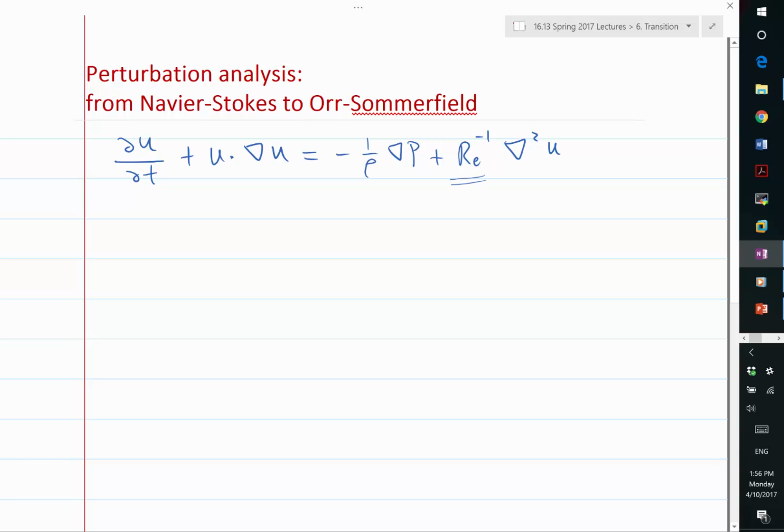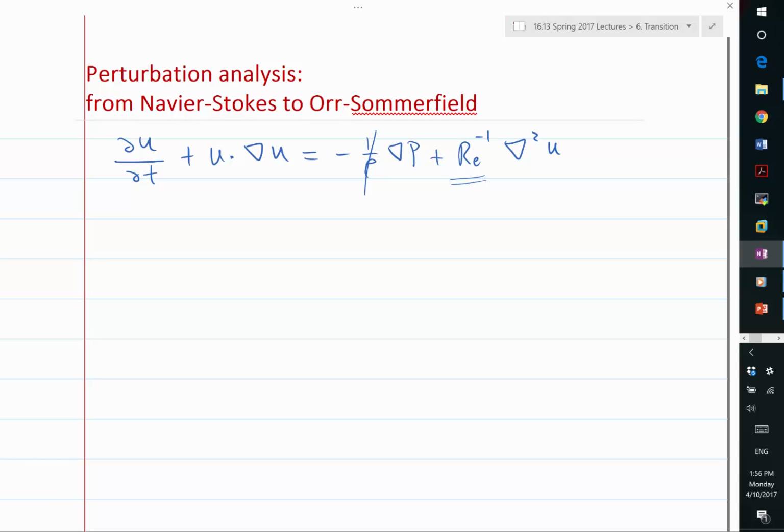So this is the viscosity, 1 over the Reynolds number. If you non-dimensionalize things, this will become 1. So let's just start from the non-dimensionalized Navier Stokes equation. All right.